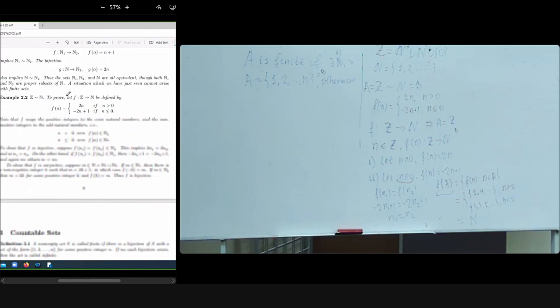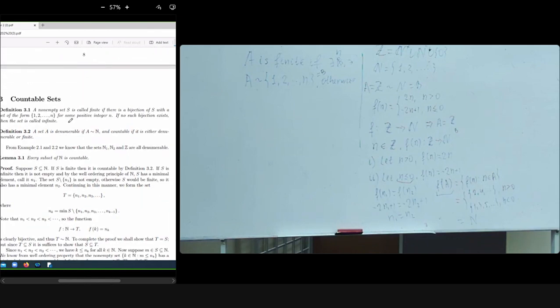Now for countability, we should use this definition.